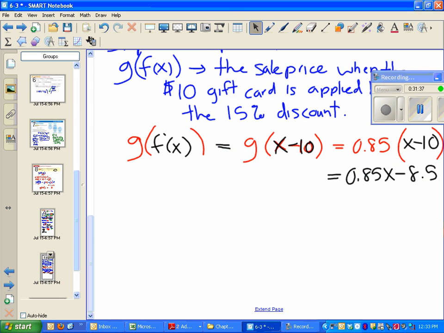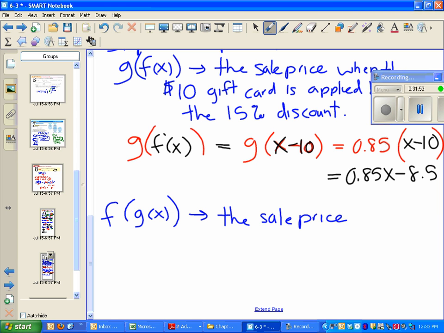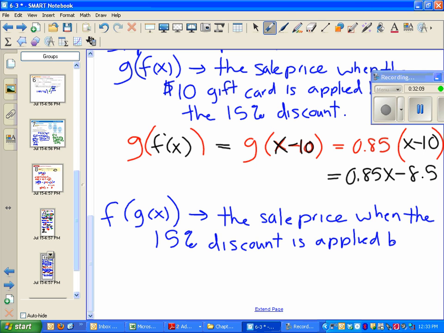The other function is when they ring up everything and give you the discount, then they take the $10 gift card off. So that's the sale price: what you pay when the 15% discount is applied before the $10 gift card.